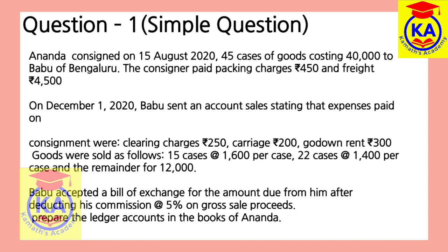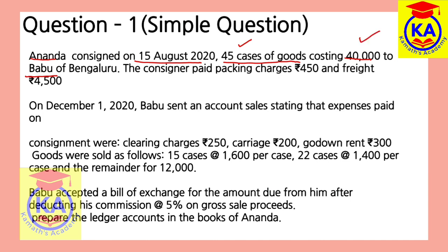So let's begin with the problem. The first sentence given is Ananda consigned on 15th August 2020 45 cases of goods costing 40,000. So Ananda is a consignor here. Ananda sent goods to Babu of Bengaluru. How many cases? 45 cases, goods costing 40,000 rupees.